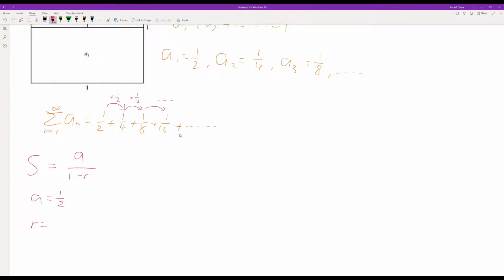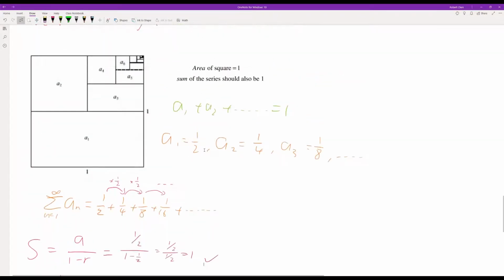Okay, so r is going to be 1/2. So by plugging everything into the formula, we get 1/2 over 1 minus 1/2, which is 1/2 over 1/2, and that gives us 1. Okay, and it matches with our original assumption here, right? When we add up all the squares, we actually get 1.